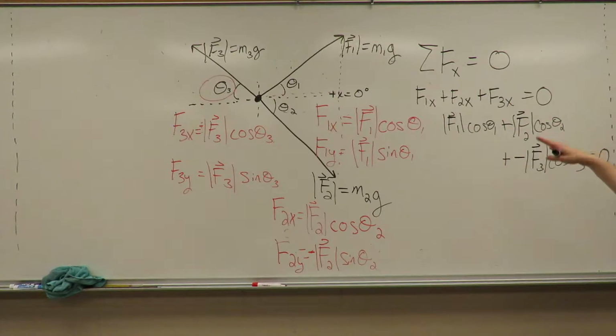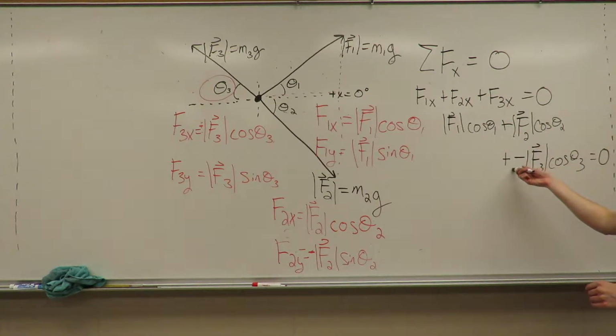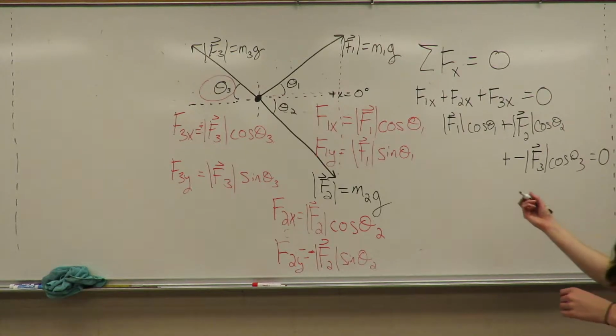And now we want to solve this equation for cosine of theta 3, right? So let me rearrange this equation. I'm going to move the F3 cosine theta 3 term to the other side of the equal sign.